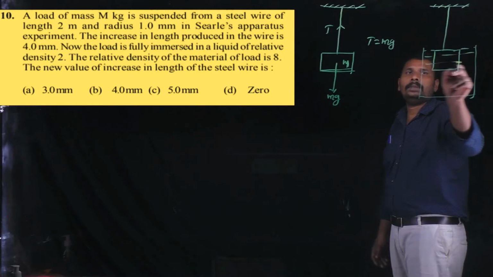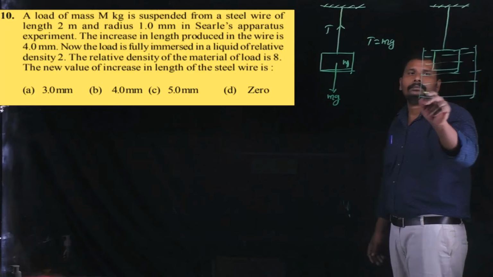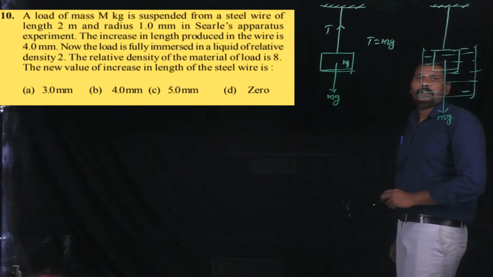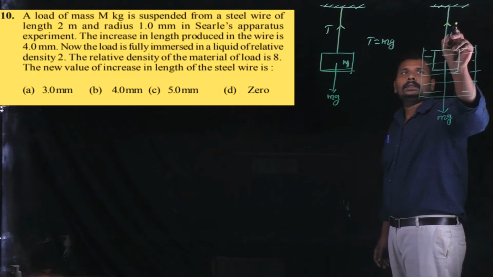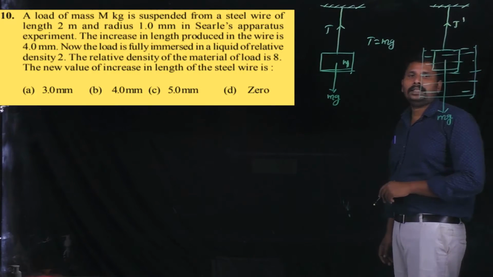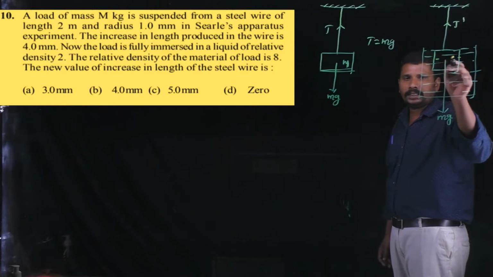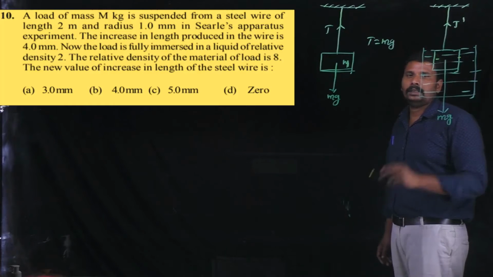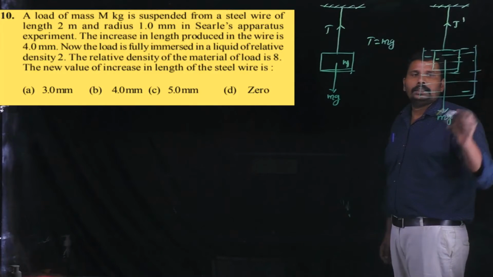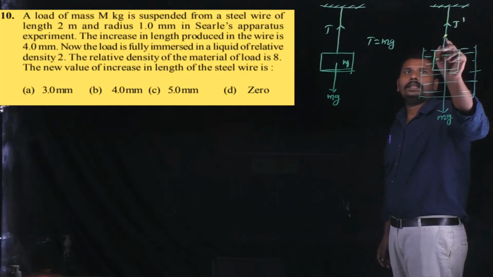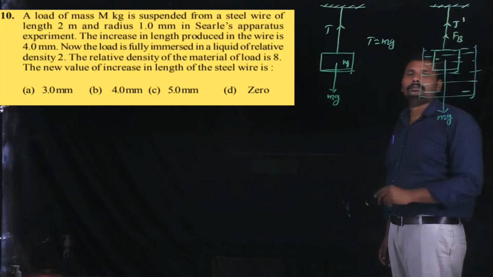Now the load is completely immersed in the water. The weight of the block acts vertically downwards, and here the tension is T dash, because when the object is completely or partially immersed in water, there is a decrease in tension due to the buoyancy force.